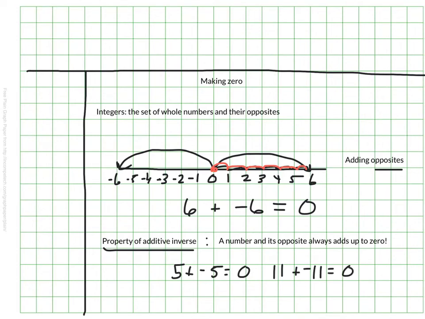And I can use variables that we did in algebra to represent this as well. So we could say n, as in any number, plus the opposite of n will always equal 0. That n could represent anything, 72, 95, whatever it is. If I add the opposite to it, it will always equal 0.